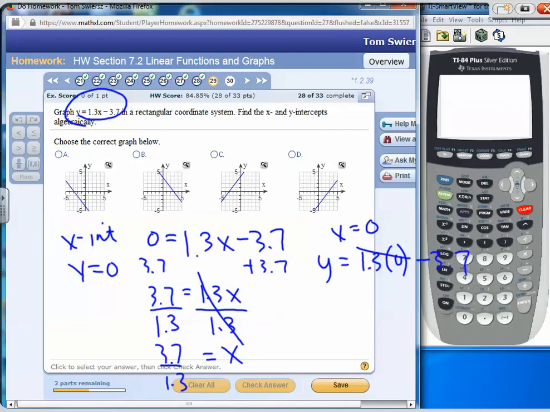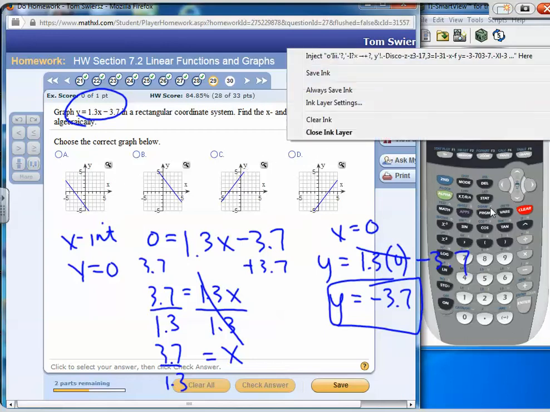So 1.3 times 0 is just 0, so y equals a negative 3.7. So that will be the y-intercept. Okay, that one was a little bit easier to do. So the y is a negative 3.7. The x is going to be 3.7 divided by 1.3, so we'll do that on our calculator.